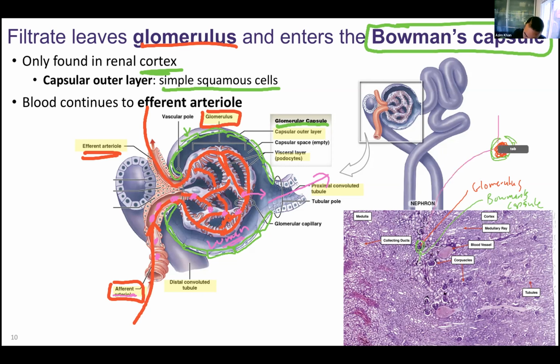That white sliver is the lumen. That's where filtrate is draining into. It's being filtered into. You're getting water, you're getting ions, you're getting wastes. When we look at histology like this, if we see a bunch of these glomeruli surrounded by Bowman's capsules, we know we're in the cortex of the kidney because you only find Bowman's capsules in the cortex of the kidney.